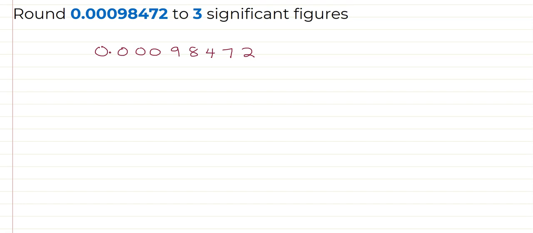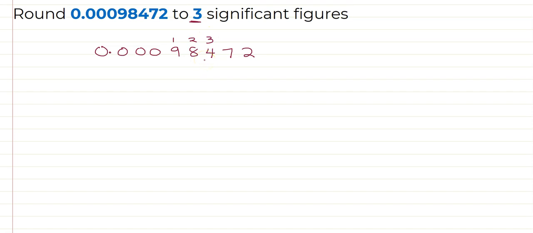So we're going to look for the first number that is not a 0, and that is going to be 9. This is our first number here, and we're looking for the last digit. The last digit is 4 because we want to round to 3 significant figures. So we have 1, 2, 3.